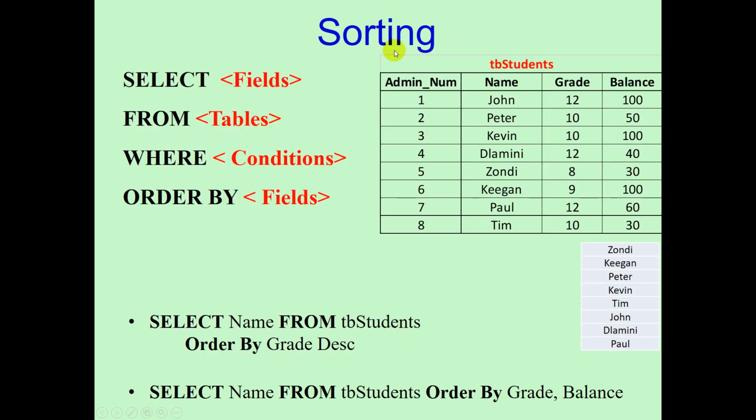Sorting. Now the sort is quite simple. If you actually think of writing a sort in Delphi, it could be a nightmare. But with SQL, select from where, well, this is optional. We don't need to have a condition if we're trying to sort, but we can have a condition as well. Order by. So if we look at our example, select name from students, order by grade, DESC.